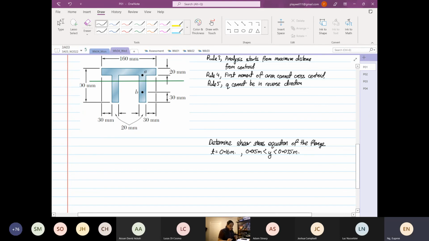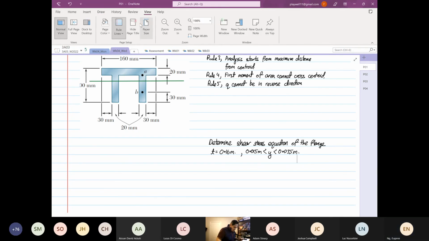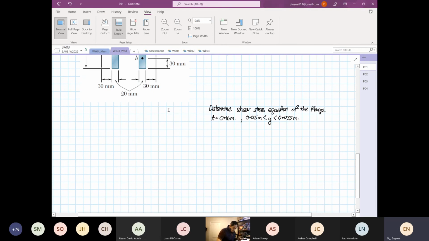And some of you may say, Eugene, why is that the case? So I'm going to sketch y. Now I'm going to sketch the flange.